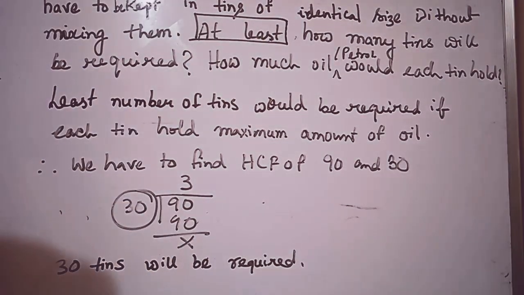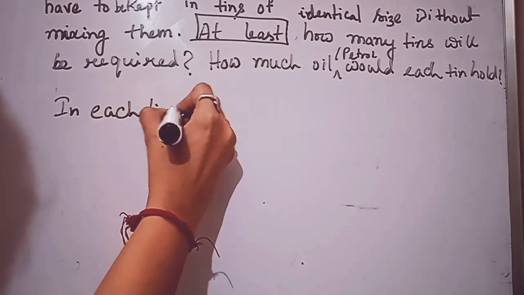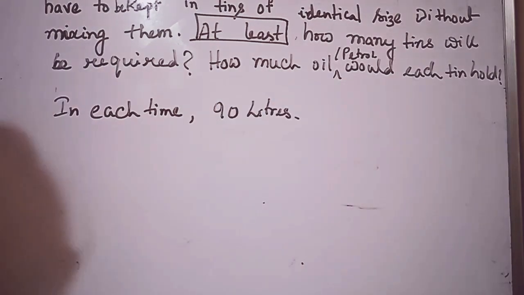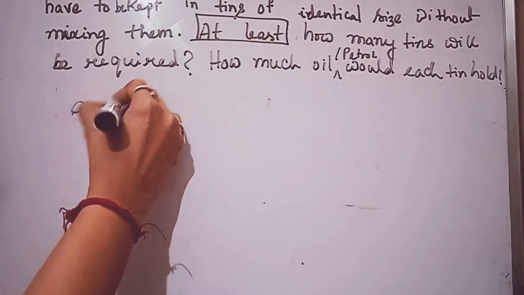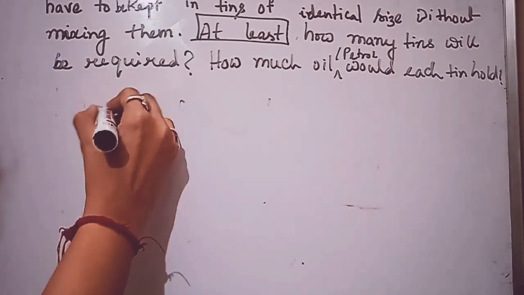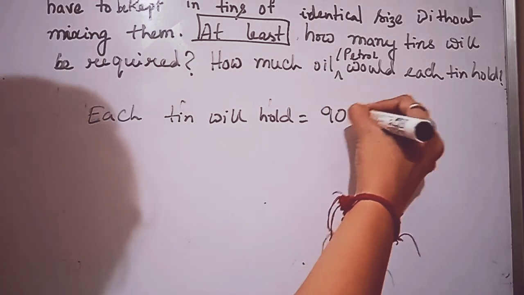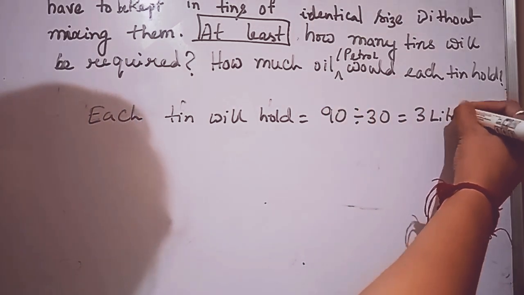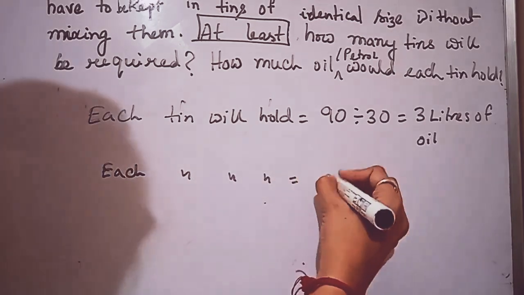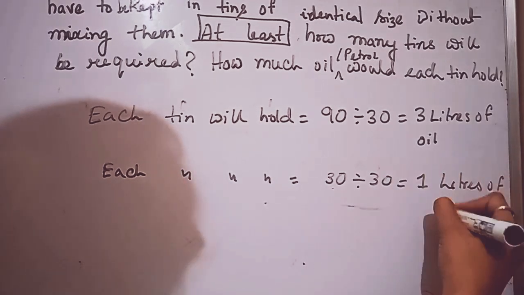So in each tin, we will write it as, each tin will hold 90 divided by 30, that is 3 liters of oil, and each tin will hold 30 divided by 30, that is 1 liter of petrol.